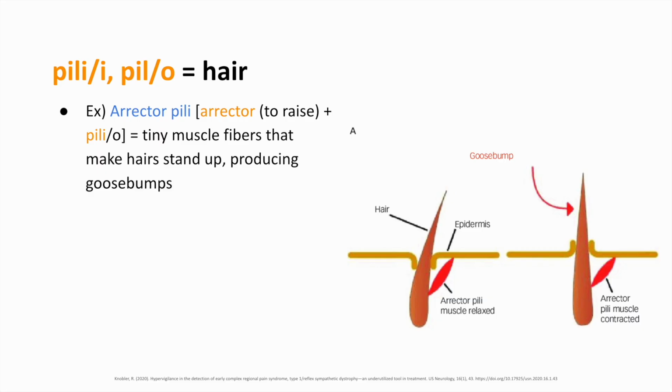So erector pili is tiny muscle fibers that make hair stand up, producing goosebumps. This is that muscle, erector pili, and if it contracts, it will make the hair upright, and you will see your hair standing up. You would also see goosebumps because this skin part is bumping up. Those are the goosebumps.